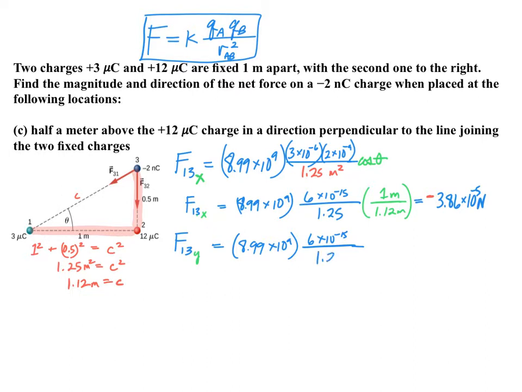Still going to have that charge separation of 1.25, okay? But this time, it's going to be the sine, so we'll say sine of theta down here, and that sine is going to be the opposite, so the vertical leg, the 0.5, over the hypotenuse of 1.12.